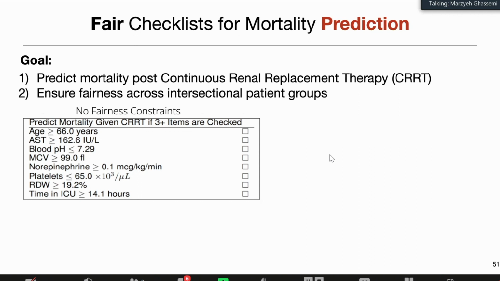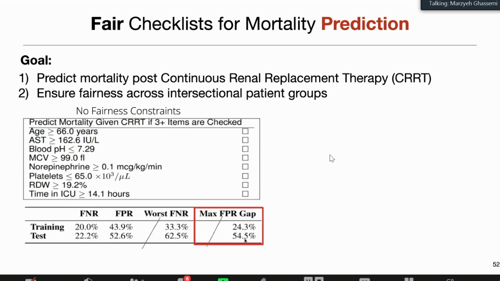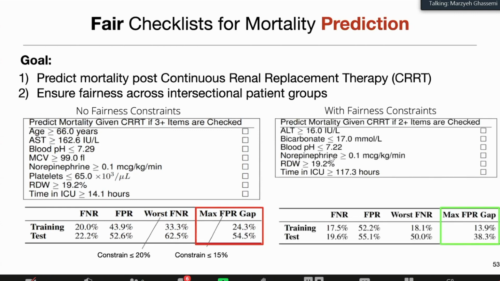And yet this checklist has a max false positive rate gap of over 50% between Black women and white men. It's not obvious what the proxies are, but again, it's so deeply embedded. The spurious correlations are so deeply embedded in the health data that you have to add fairness constraints in order to perform well, because otherwise it just learns something that is exhaust of an unfair process.